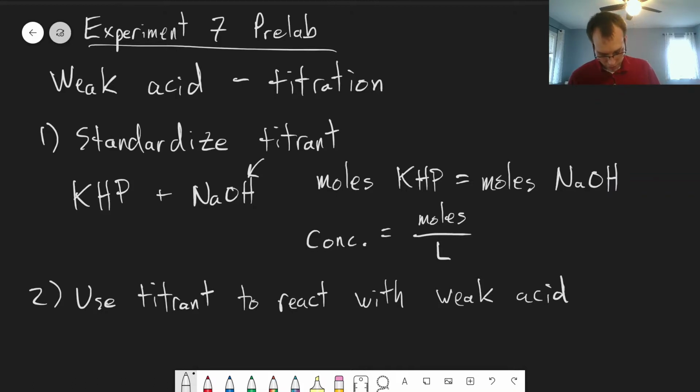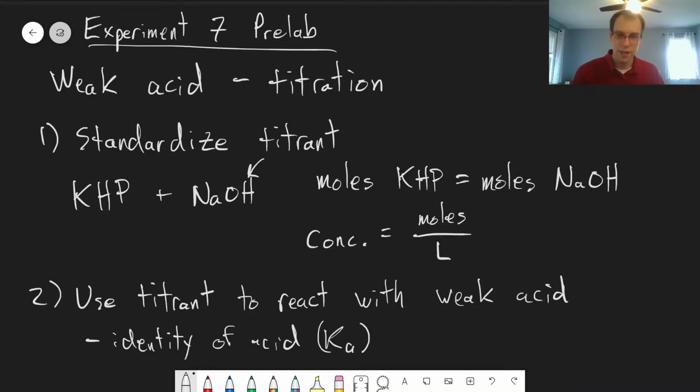We want to find out the identity of the acid, and we do this by finding the value of Ka, the acid dissociation constant, and we also want to know the concentration of the acid in the solution that we have. So there's two pieces of information we want to find at the end of this. Okay, so that's the overall outline of the experiment and the goals.